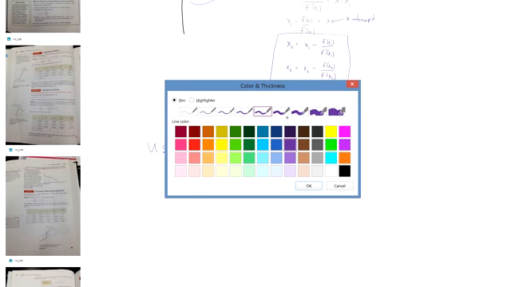The question is: use Newton's method to solve x cubed plus 3x plus 1 equals 0, which is the same thing as saying find the zeros for y equals x cubed plus 3x plus 1.